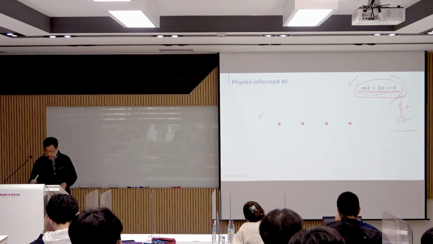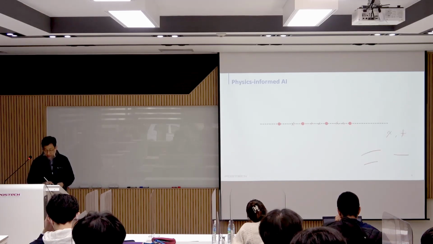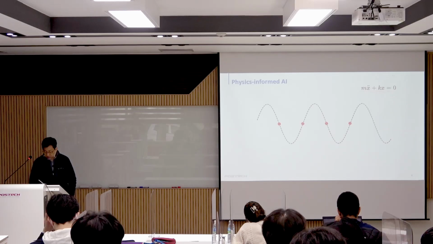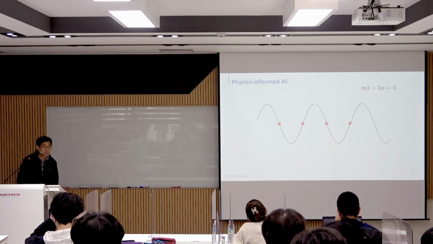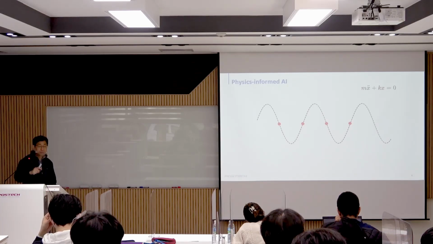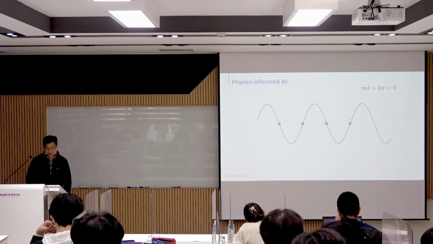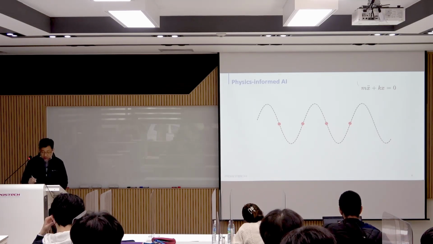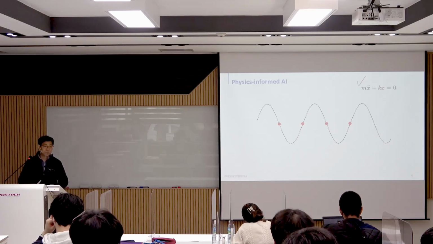Then if we do have this knowledge, probably instead of estimating like that, this one could be the answer, because somehow we know that it's oscillating like that. So what I'm trying to say is that knowing this, these are totally different.